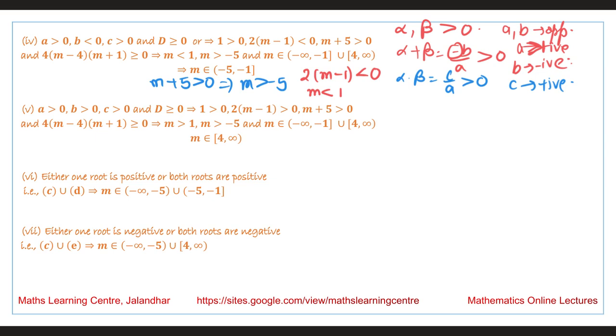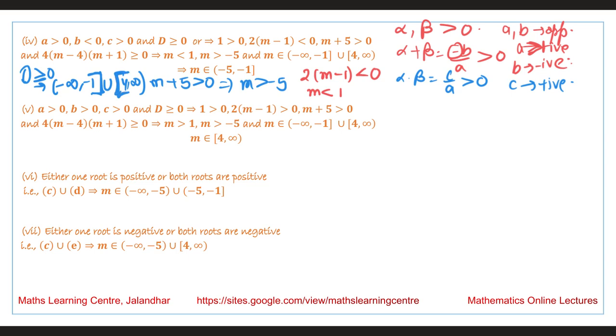So the value of D we have, it is greater than 0, and for D greater than 0 the region we have is minus infinity to minus 1 union 4 comma infinity. In this case a and b are positive, so we have the condition over here greater than or equal to 0, so we have closed intervals over here.